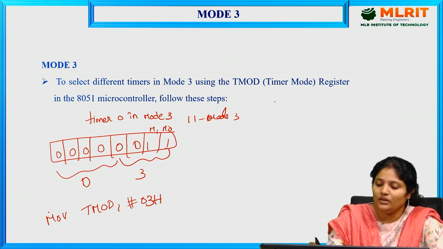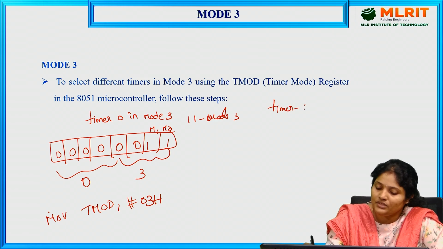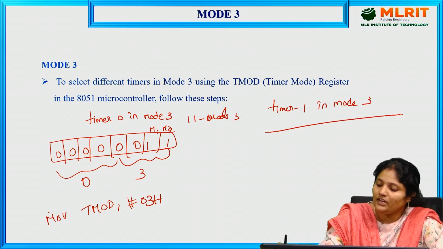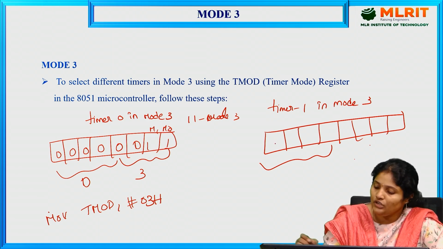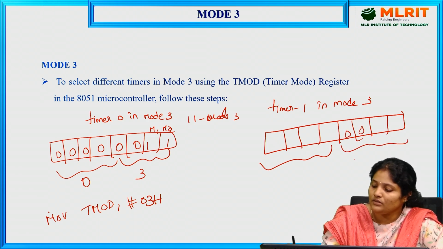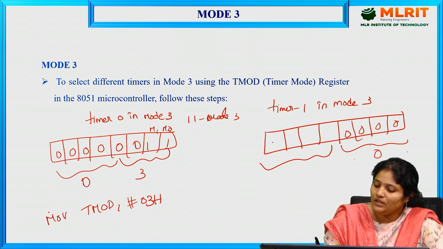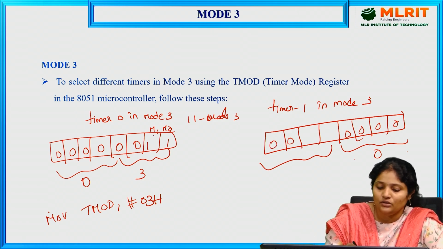If I want to select timer 1 in mode 3, what is the value I need to load? Timer 1 needs to work and timer 0 is always all 0. So these are zeros, and I need to keep M1 and M0 as 1 and 1.